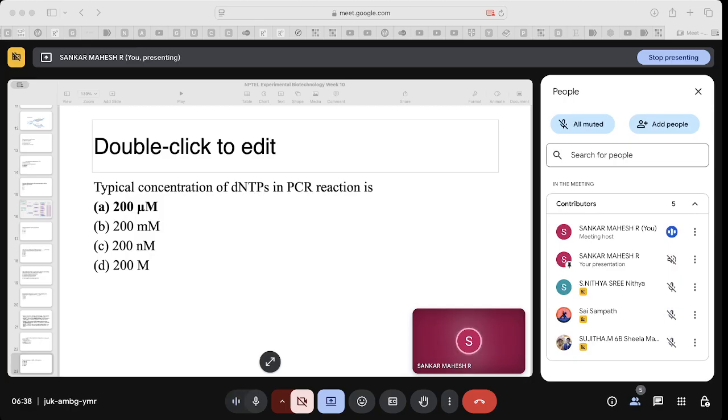Now, when will I use more of one particular dNTP, I mean, one particular adenine or cytosine or thymine or guanosine, and less of another one? When will I use different concentrations of this? Any idea? Or what will happen if I use different concentrations of these and not equal concentration?